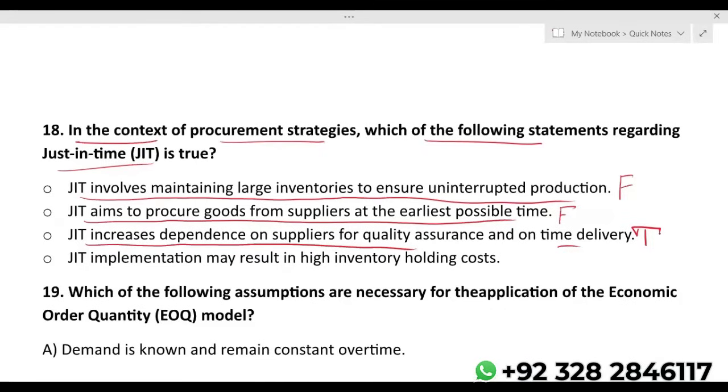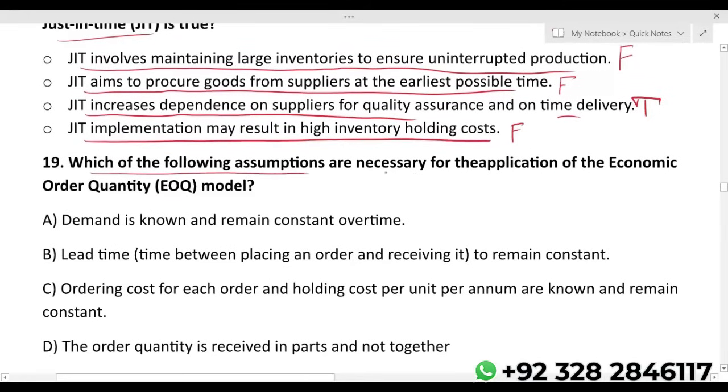I don't have that much time in JIT. So in JIT, obviously, I am going to depend on the supplier regarding quality assurance and on-time delivery. JIT implementation may result in a high inventory holding cost. False. Actually, if we implement JIT, then inventory holding cost should be very low.